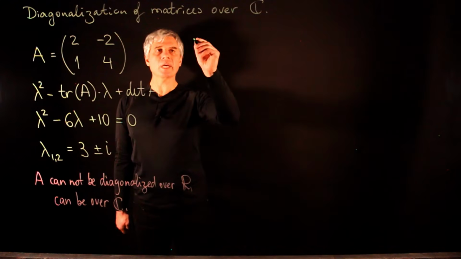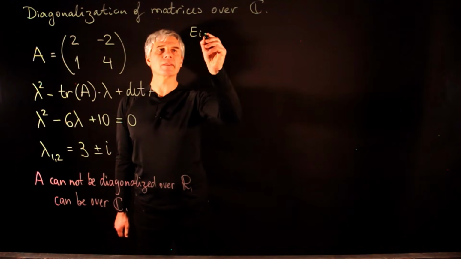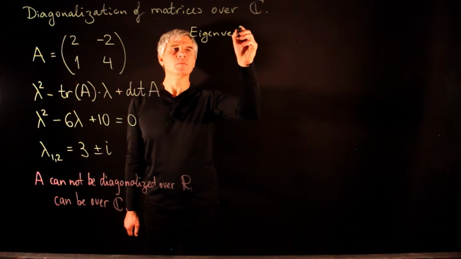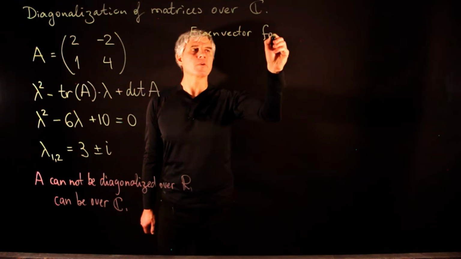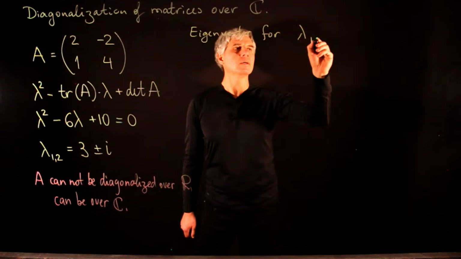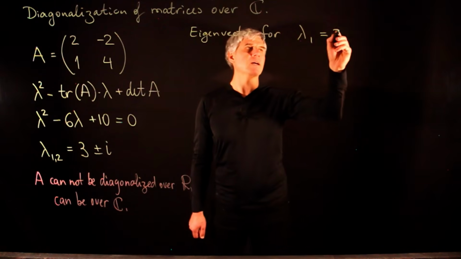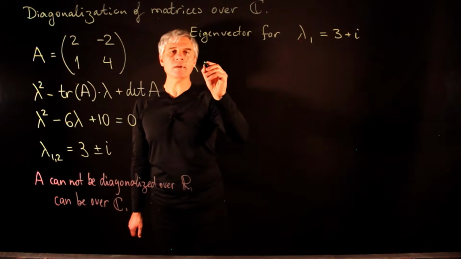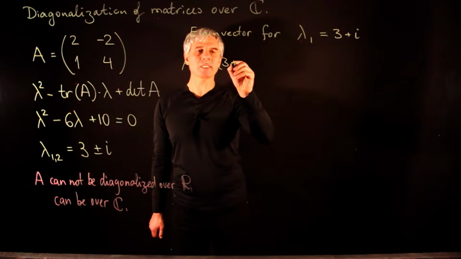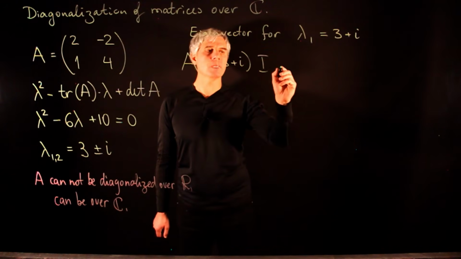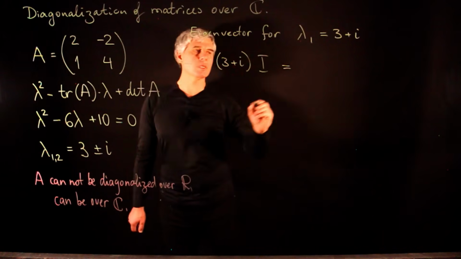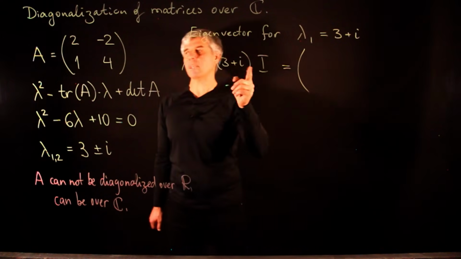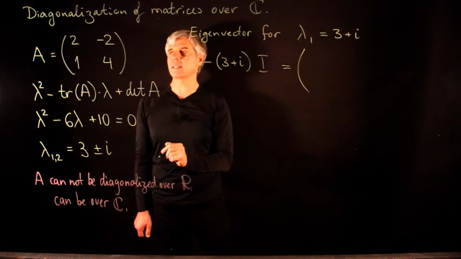Now, let us compute eigenvectors. So let's take an eigenvector for the first eigenvalue, lambda, which is 3 plus i. Here we consider the matrix A minus (3 plus i) times the identity matrix. So we subtract 3 plus i from the diagonal entries.